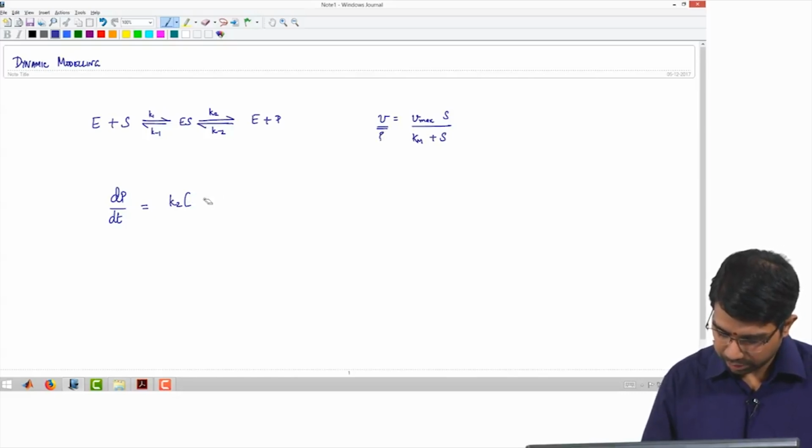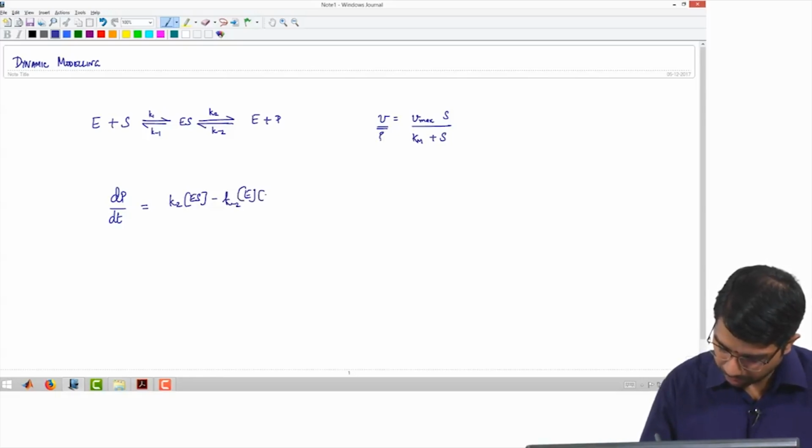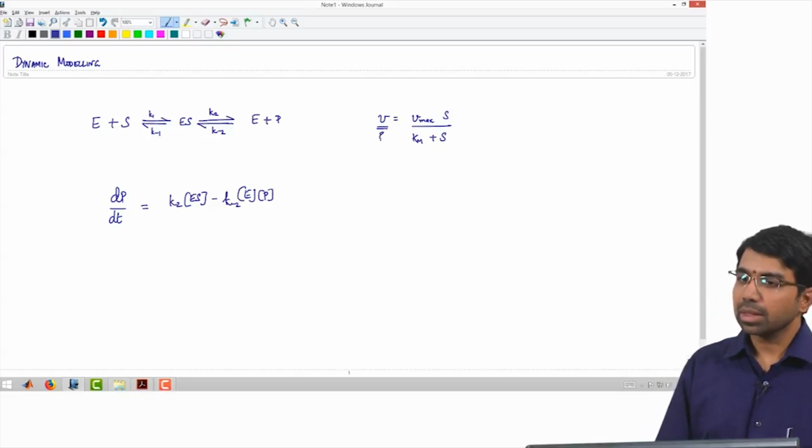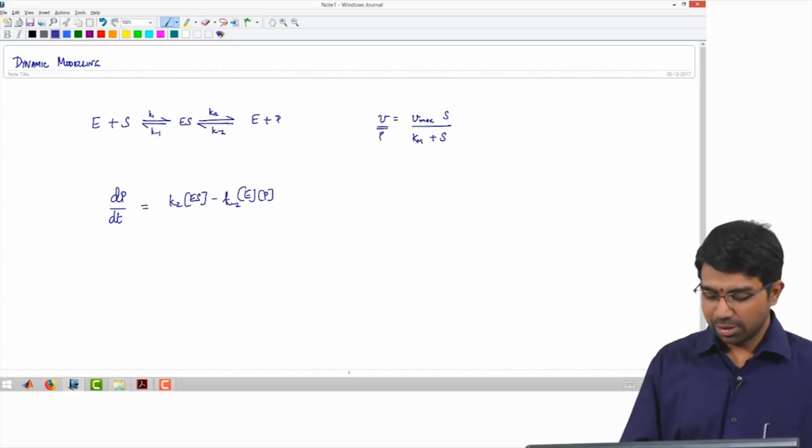It is K2 into ES minus K minus 2 into E into P. This is where the first important assumption for Michaelis-Menten comes.